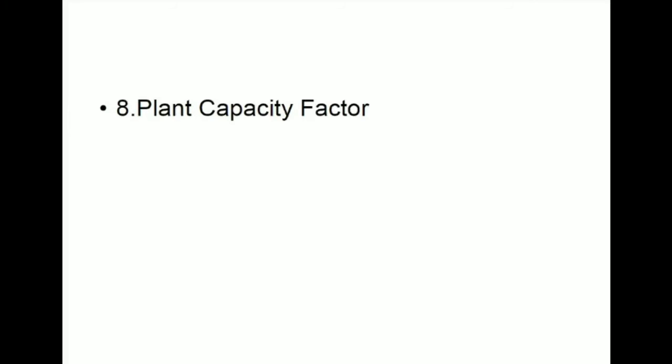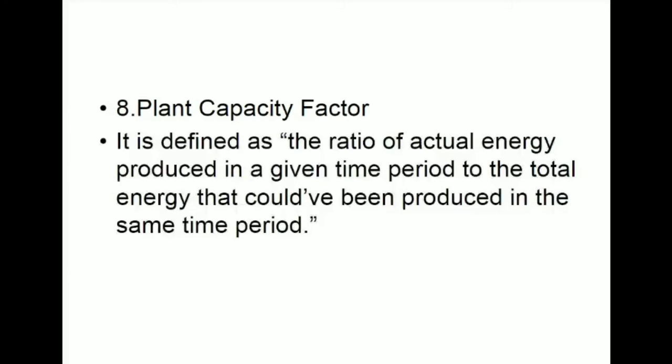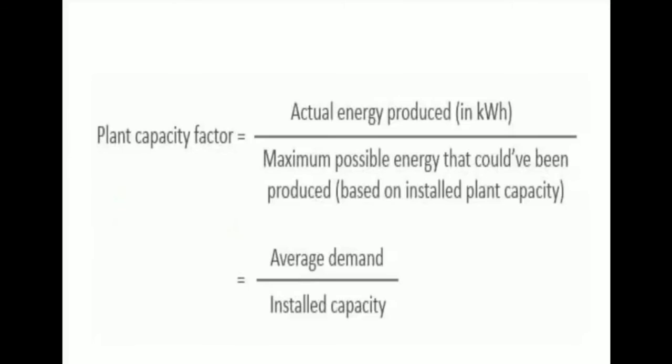And next term is the plant capacity factor. It is defined as the ratio of actual energy produced in a given time period to the total energy that could have been produced in the same time period. So plant capacity factor is equal to actual energy produced, that is in kilowatt hour, divided by maximum possible energy that could have been produced based on installed capacity of the plant.